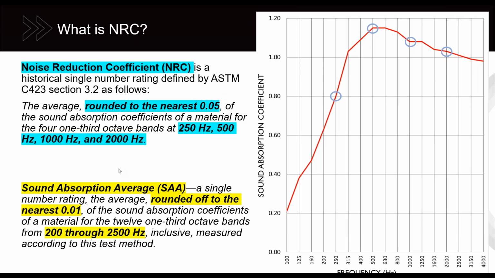More recently, they developed the sound absorption average, or SAA. This takes all the 1/3 octave bands from 200 to 2,500 hertz and rounds to the nearest 0.01. At ASTM, we believe this is more technically correct, and it's also the currently defined single number rating. However, most of the industry still references NRC ratings pretty broadly, so our reports give both.